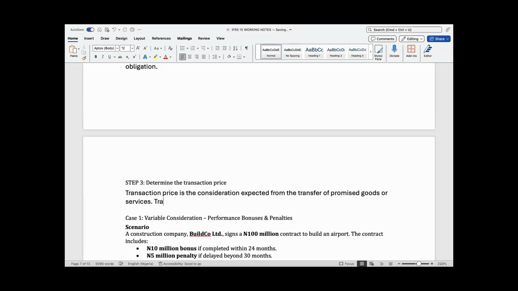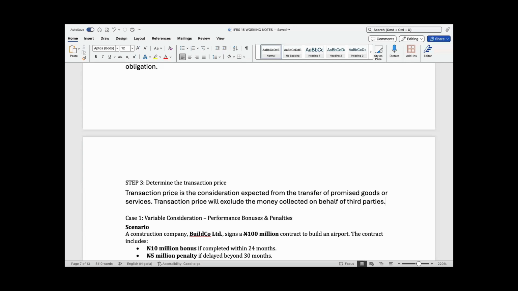So transaction price will exclude the money collected on behalf of third parties.